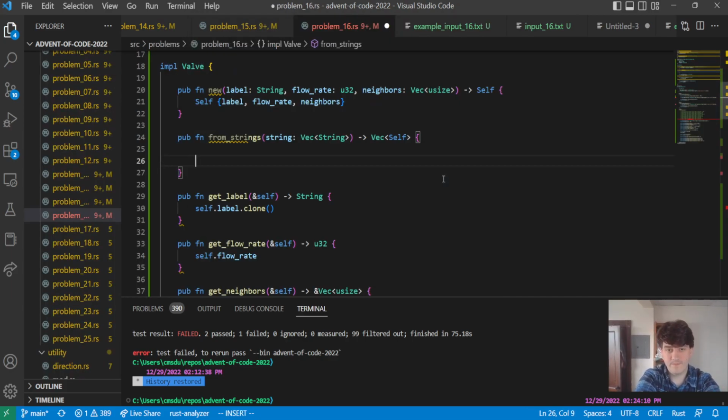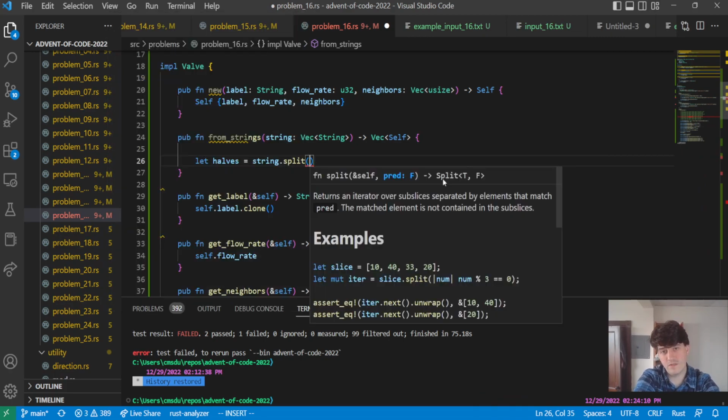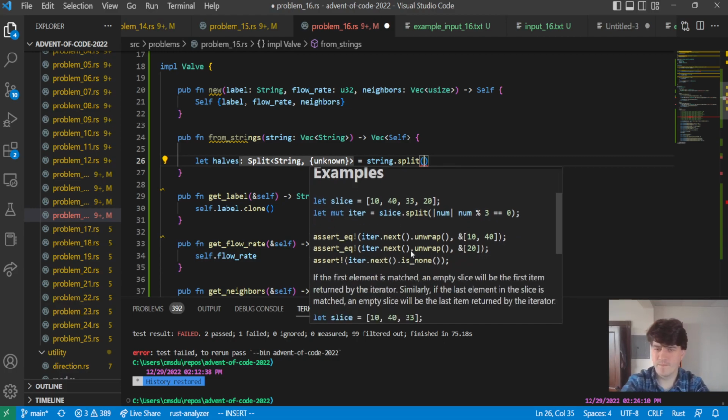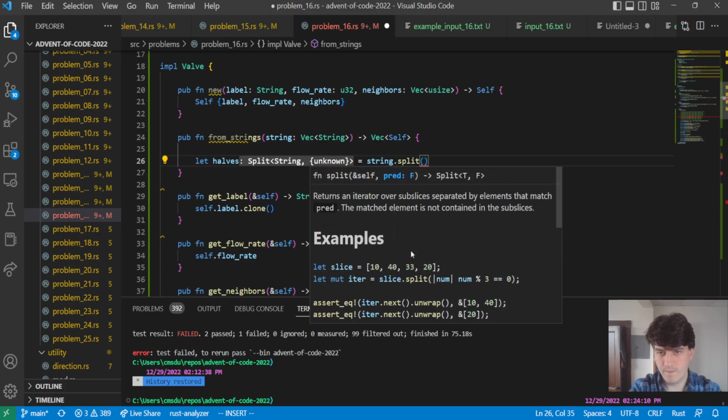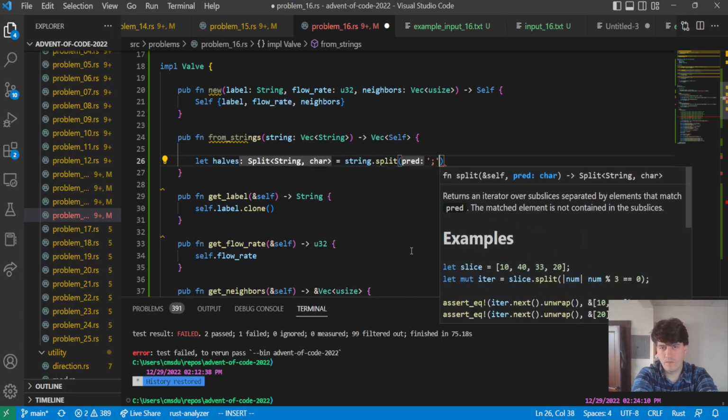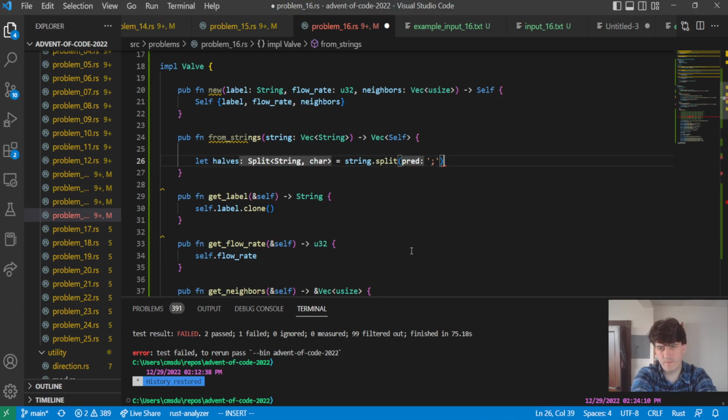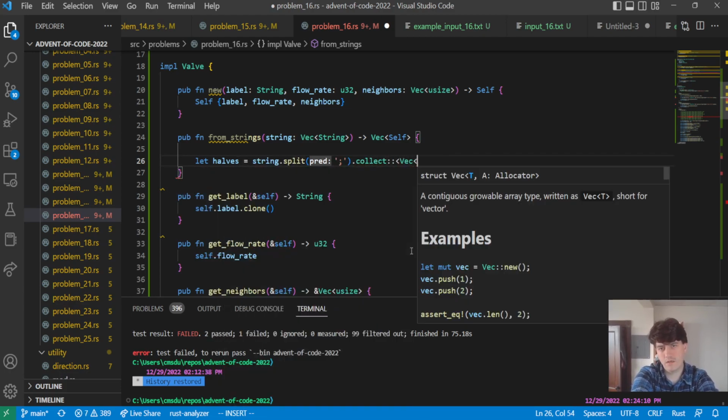So, let halves be string.split on, collect into a Vec.